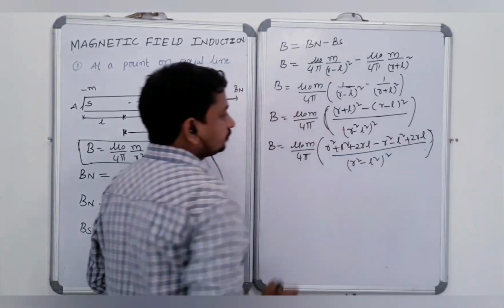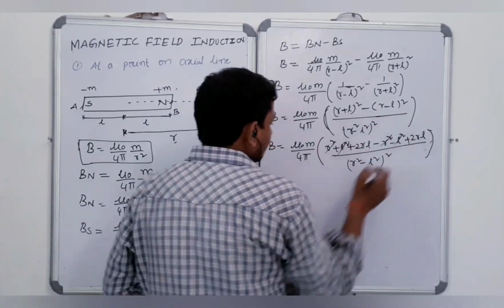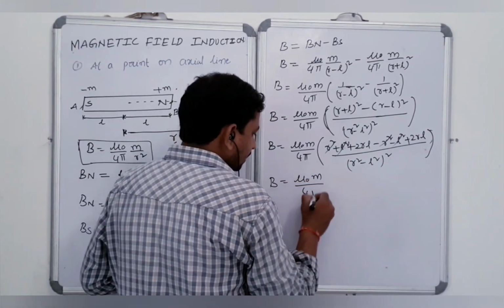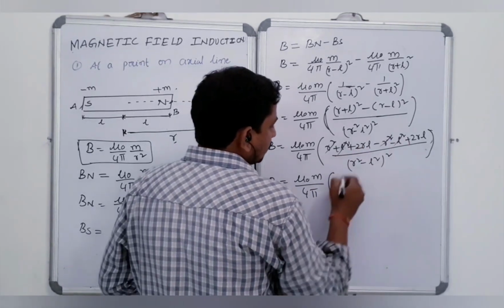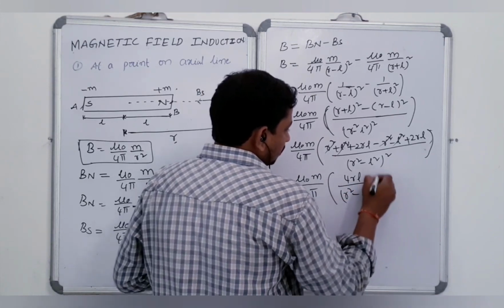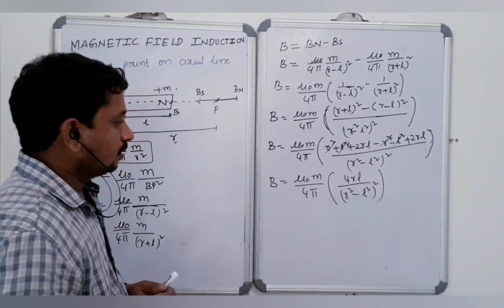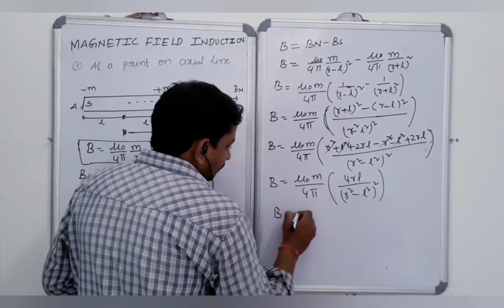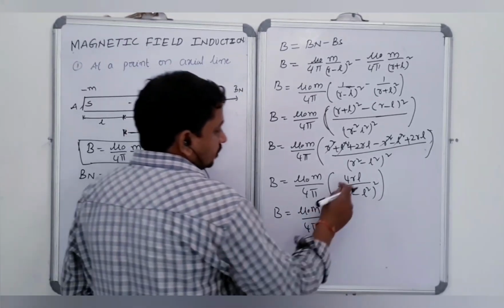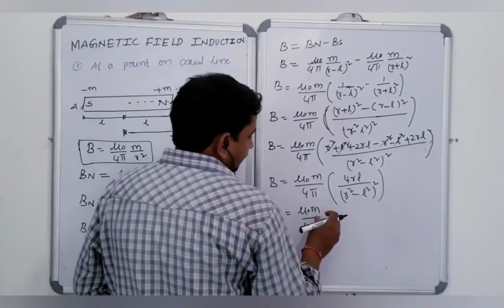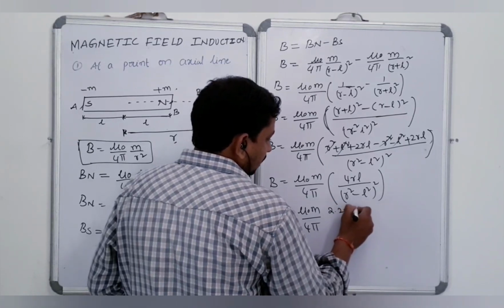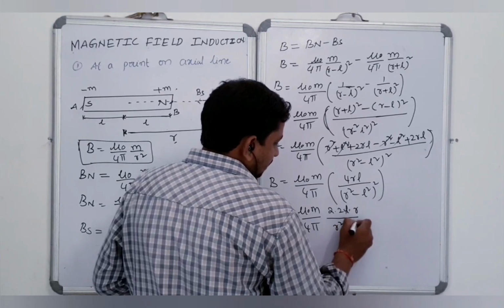Okay, so r square cancels, L square cancels. So B is equal to mu naught m by 4 pi into 2rL plus 2rL, 4rL by r square minus L square whole square. Okay, so B is equal to mu naught m by 4 pi, here 2rL is there, so let us write 2 into 2Lr by r square minus L square whole square.